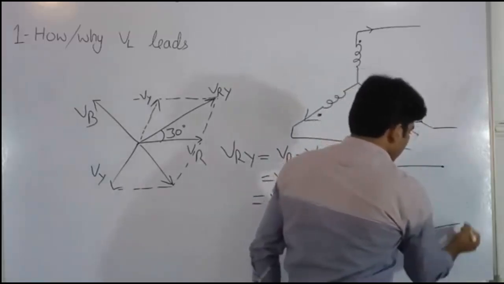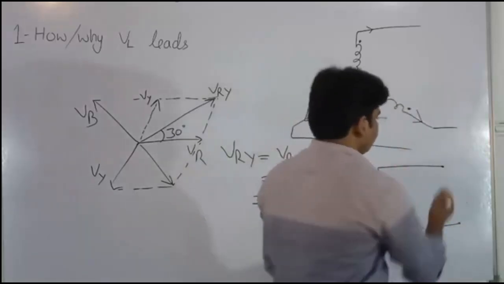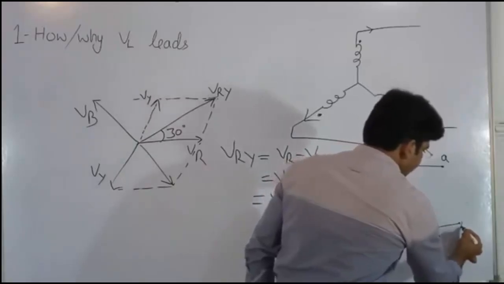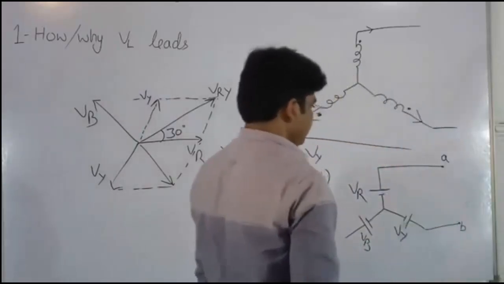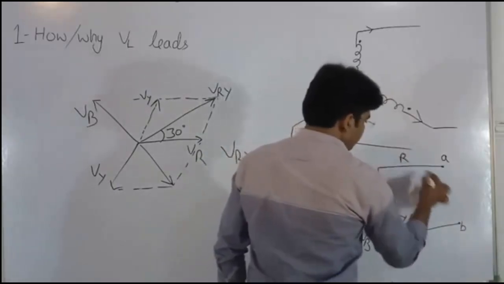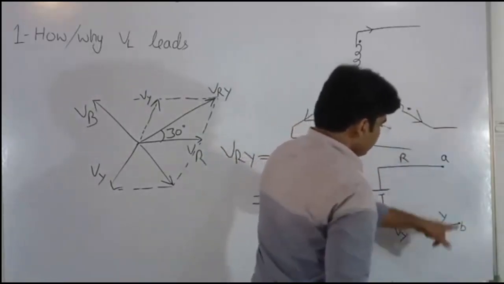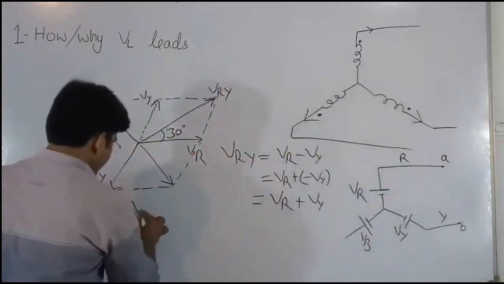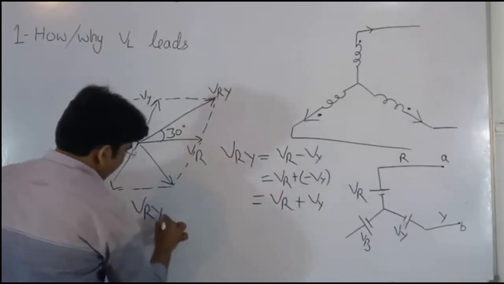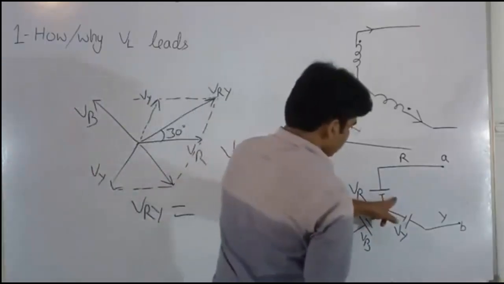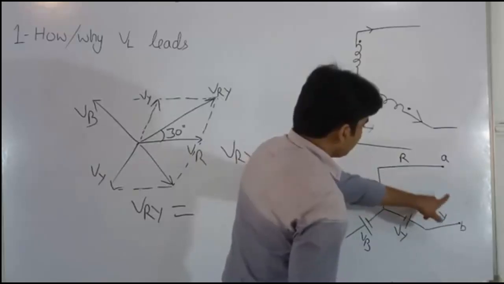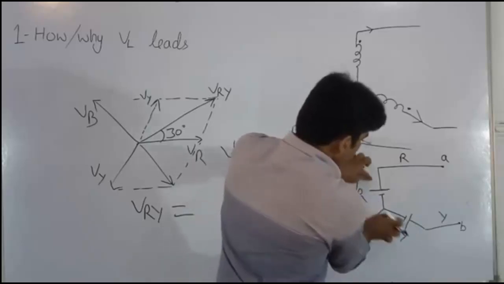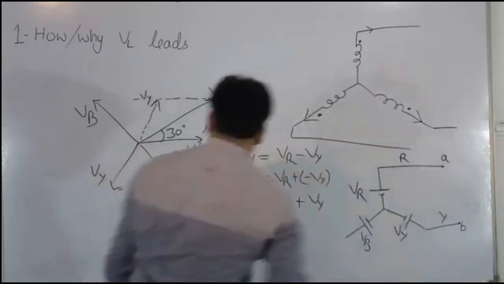Now, if we apply KVL between these two terminals, then what is VAB? VAB is nothing but VRY, and after applying KVL, VAB equal to VRY equal to VR minus VY, because these two voltage sources are opposite to each other.